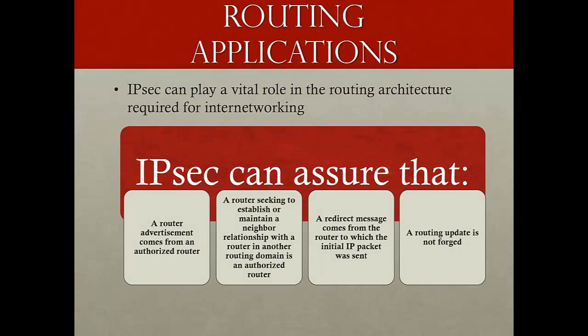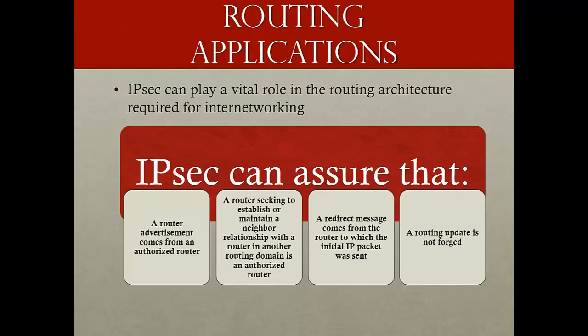So let's talk about routing applications. In addition to supporting end users and protecting premises systems and networks, IPsec can play a vital role in the routing architecture required for internetworking. So here's a list of some examples of the use of IPsec. IPsec can assure that a router advertisement, a new router advertises its presence, comes from an authorized router.